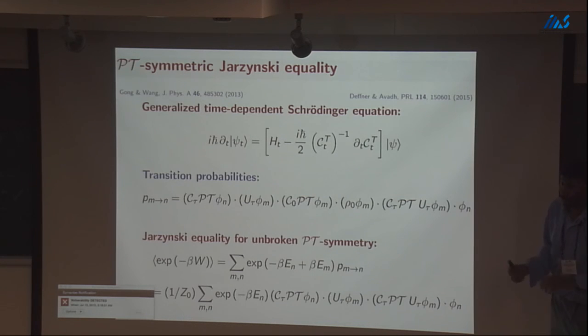Another question would be, there is another rather popular formalism, biorthogonal physics, which is for generic, even non-Hermitian systems. You artificially create a bra space, a left state, and you use the right state.